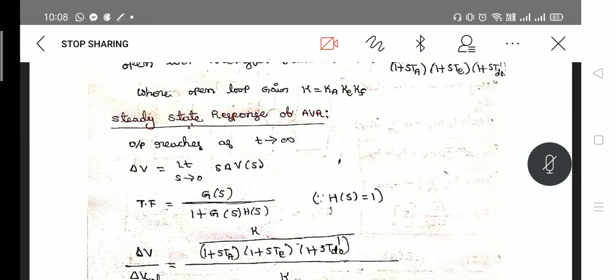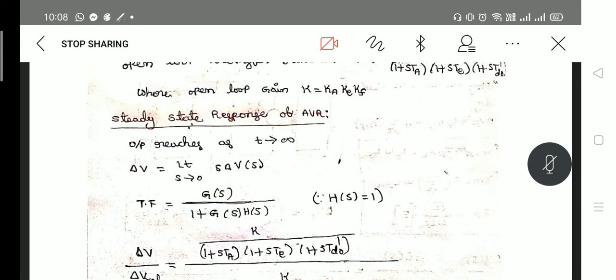First, we are taking the steady state response. He is asking for two things, steady state and dynamic response. First, I am taking the steady state response of this automatic voltage regulator. Okay. Know the error signal formula: delta E is equal to limit S tends to 0 of S into G of S, right?